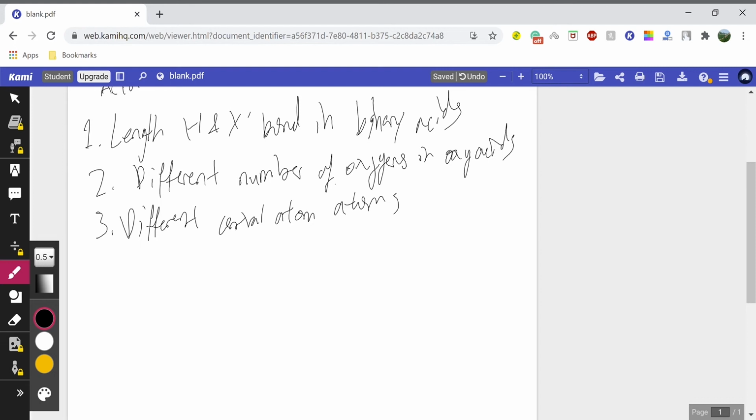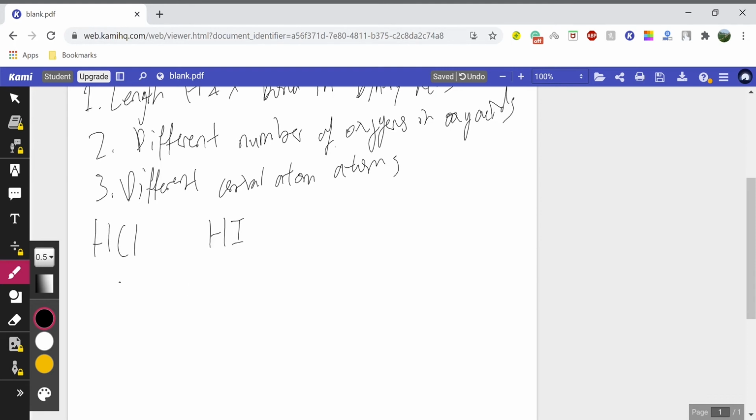Let's take an example of HCl and HI. So we have a hydrogen over here, and chlorine is bigger than hydrogen. So let's just draw it like this. This is the distance between the two atoms in HCl.